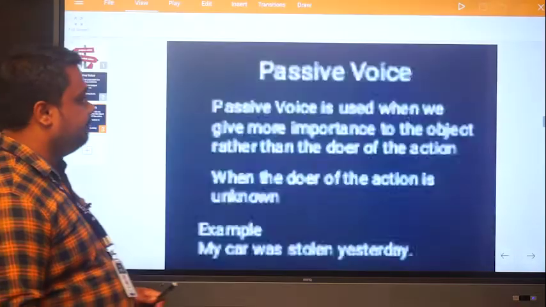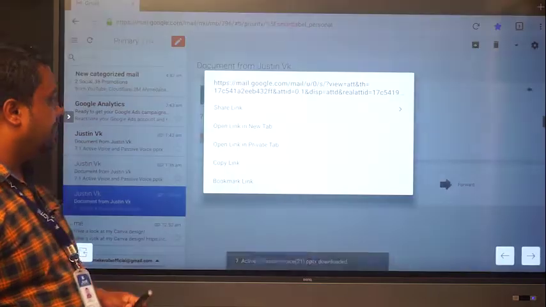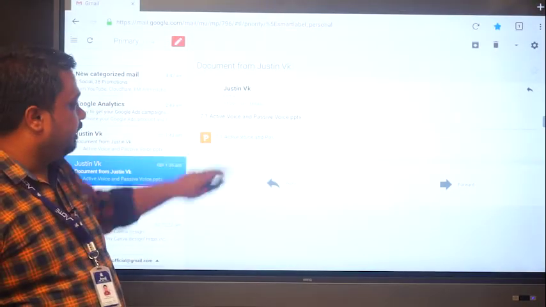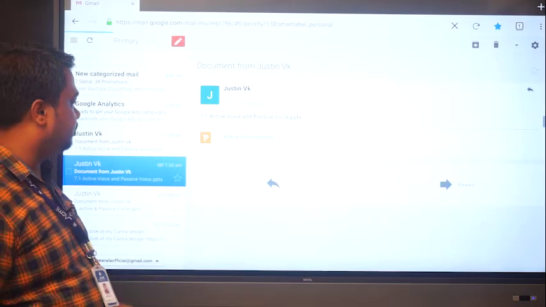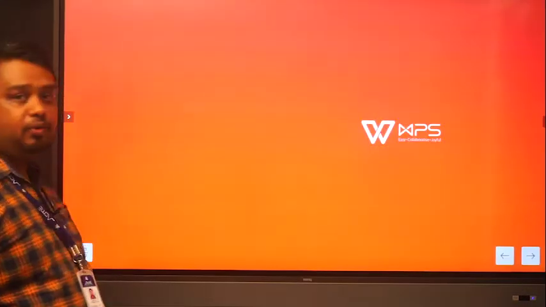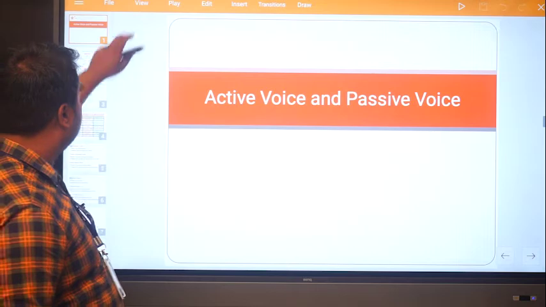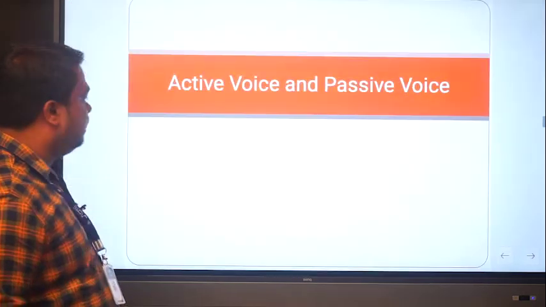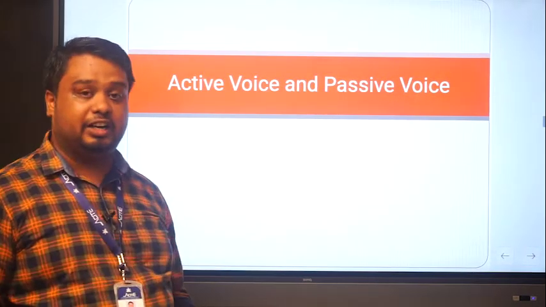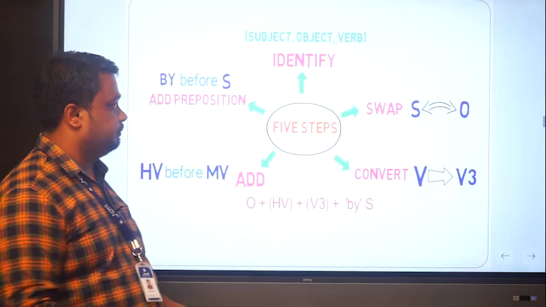Now we are going to learn how to convert active into passive voice. I already said that all the 12 tenses cannot be converted into passive voice. Before we convert into passive voice, we must also learn 5 steps. If you know these 5 steps, we can easily convert into passive voice.